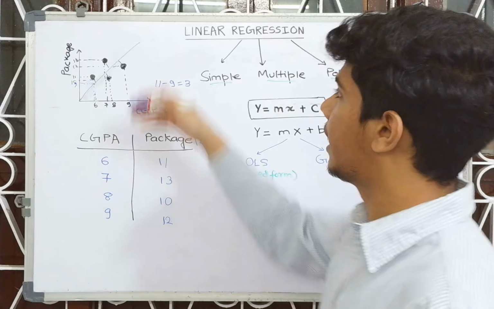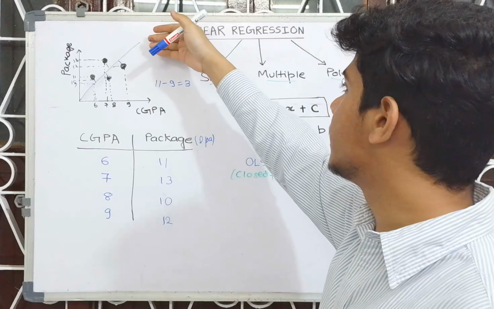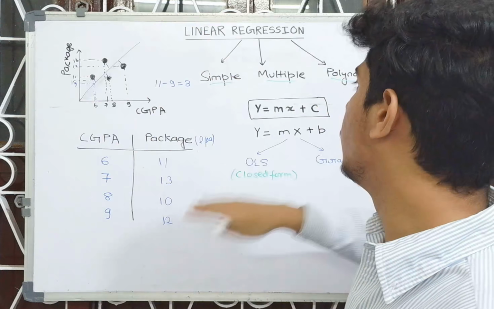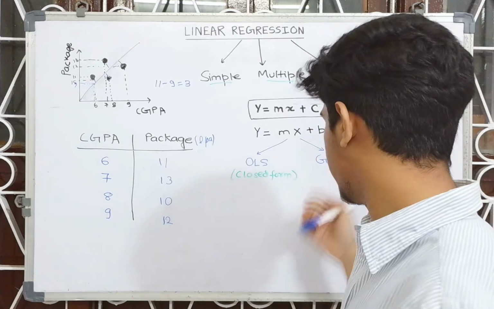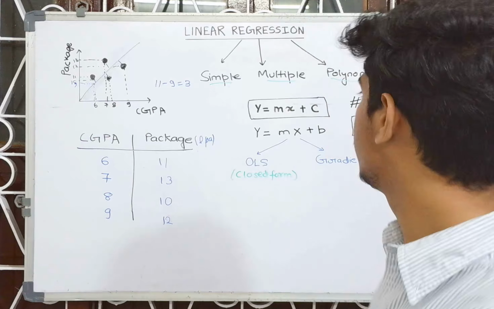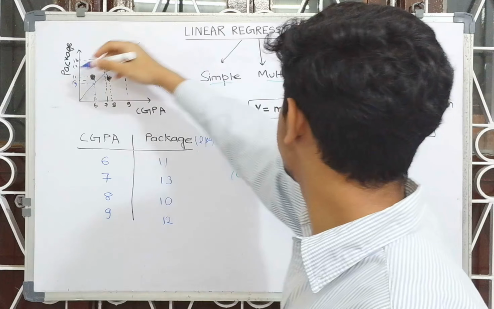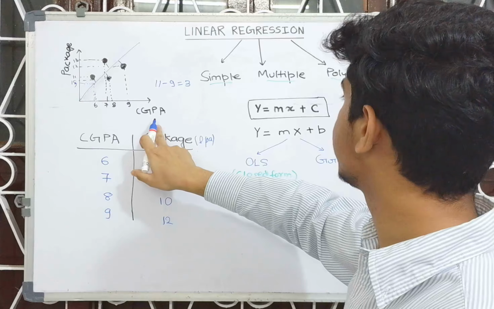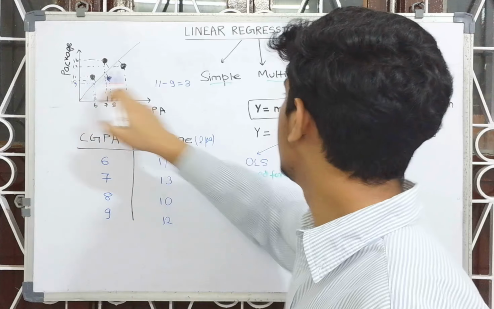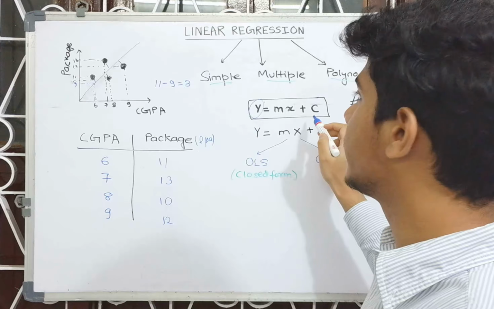How do we define this line? This line can be represented as the equation y = mx + c. You must have seen this equation everywhere in high school. So first, what is y? Y is the y-axis, x is the x-axis. Here we have taken CGPA on the x-axis and package on the y-axis. We have to predict this, and c is the intercept.